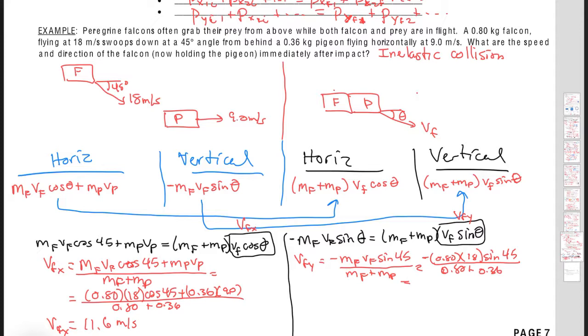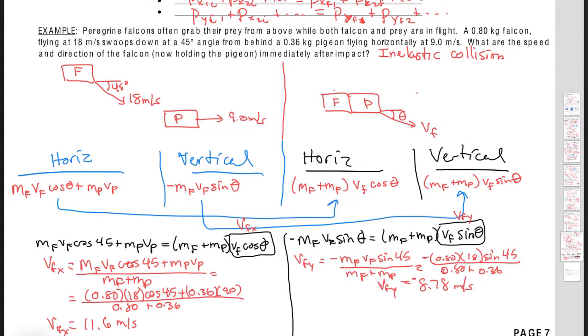This should be easy because the top is only one term, there's no addition or subtraction. So 0.8 times 18 times 0.7071 divided by 1.16 is going to be 8.78 meters per second. It's going to be negative 8.78.